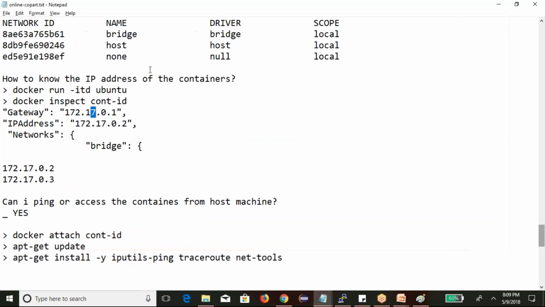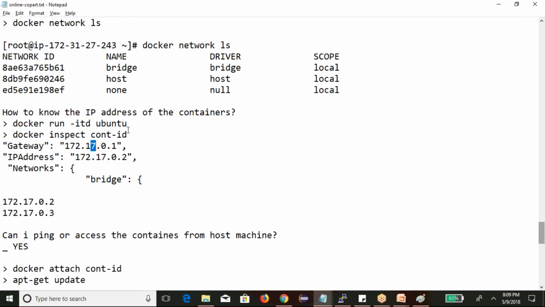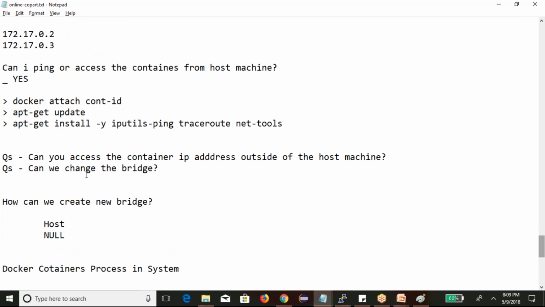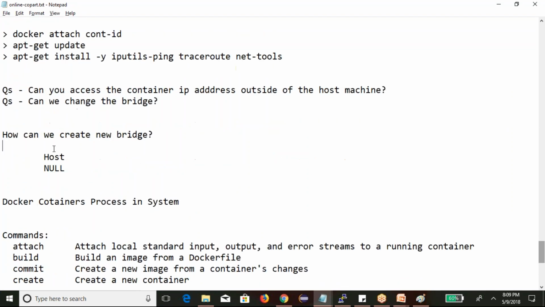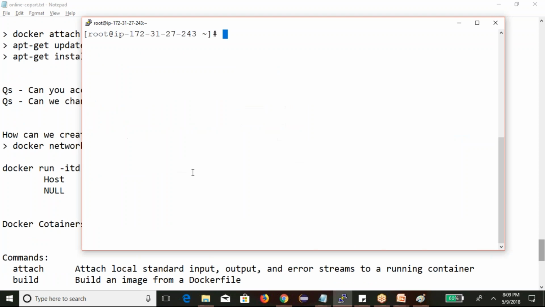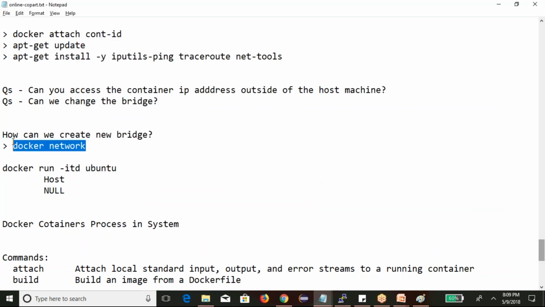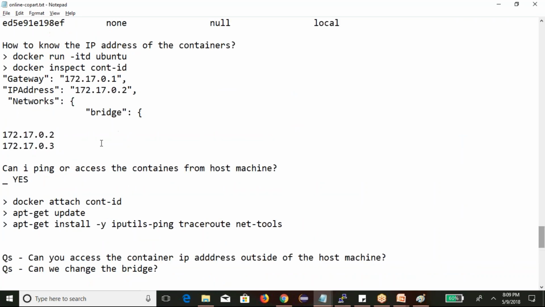Now if you create a container, how can you create a container? Let's do that. I'm going to create another container using the new network.